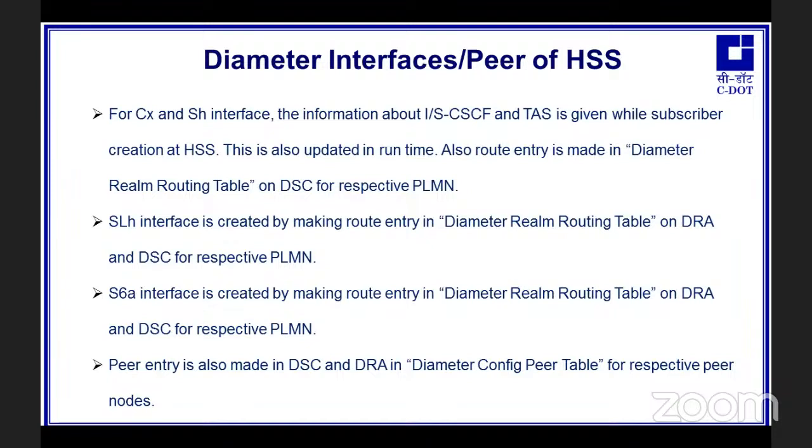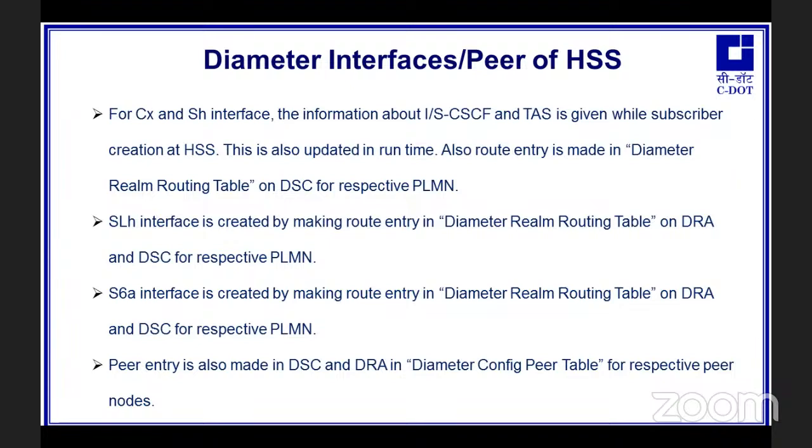How the SLh and S6 interface configurations are done in the DSC and DRA will be covered in the next slide. When you configure Diameter, you need to ensure two things: how the routing will be done, and to which node we route a particular request.